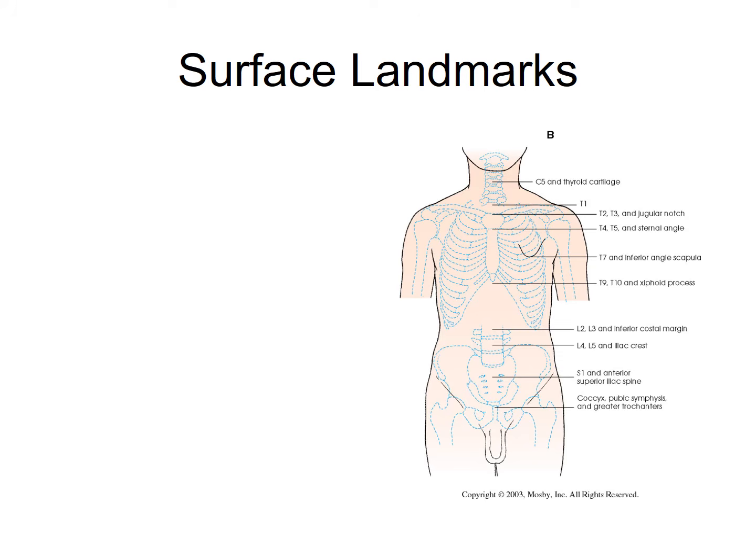So you have 7 cervical vertebrae, you've got 12 thoracic vertebrae, and then we enter into our lumbar region. In our lumbar region, we have 5 lumbar vertebrae. So numbering starts again at top and goes down. So L1, L2, L3, L4, L5. And then we've got our sacrum.